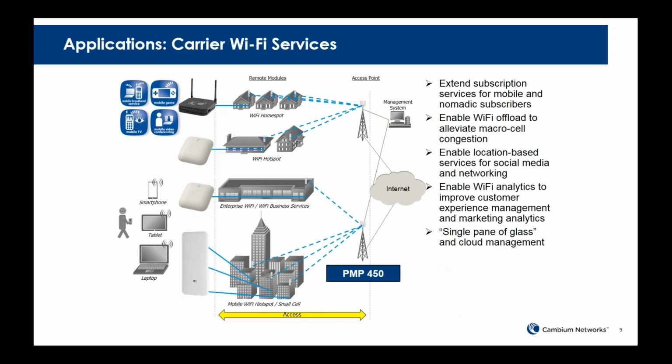So, taking a wider look at the carrier Wi-Fi services. This is where we can deliver Wi-Fi to the edge. Some of our service providers do this and enjoy this. It allows them to not only use the multipoint radios to drop an IP connection into the home and then extend it with a Wi-Fi router in the home, but you can also create virtual networks over the home routers and business routers that allow a service provider to let a paying customer on their network connect anywhere their network exists physically.